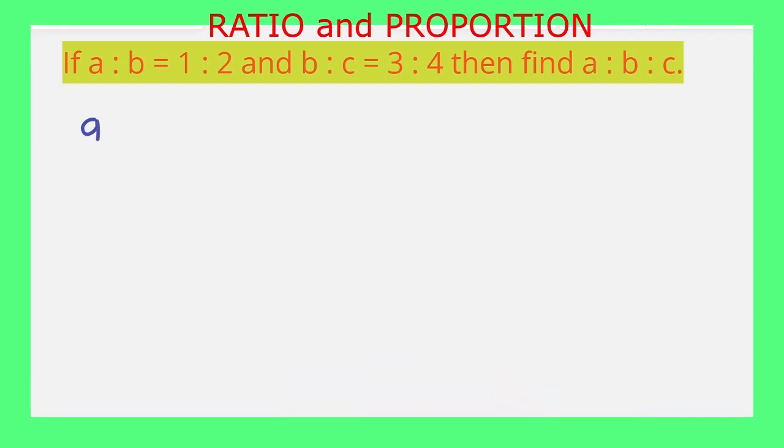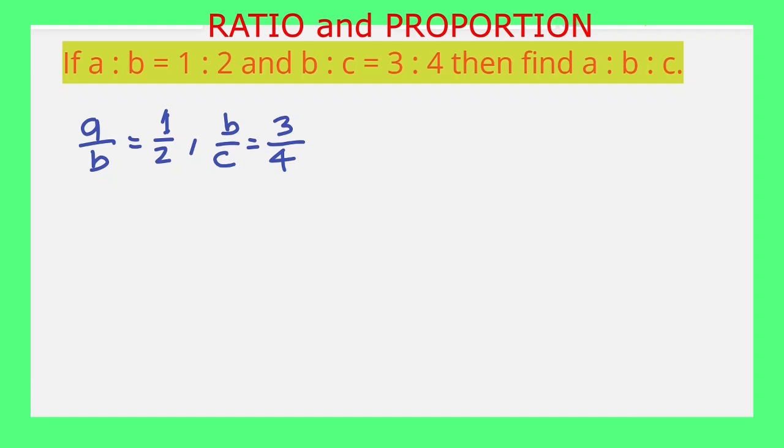It is given that A ratio B is equal to 1 ratio 2 and B ratio C is equal to 3 ratio 4. So we write B upon C equal to 3 upon 4. Now B is common in these two ratios, but the digits are different. In A ratio B, the value of B is 2, and in B ratio C, the value of B is 3.